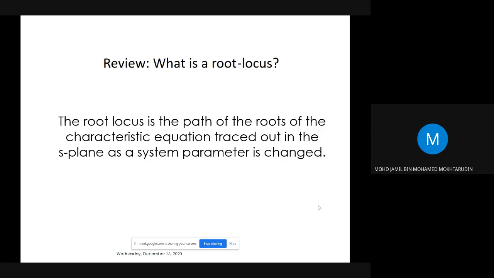So there are differences between root locus and Routh-Hurwitz. Maybe later on you might be confused about why we need to use root locus and why we need to use Routh-Hurwitz. As we learn, it will become a little clearer why they are different.